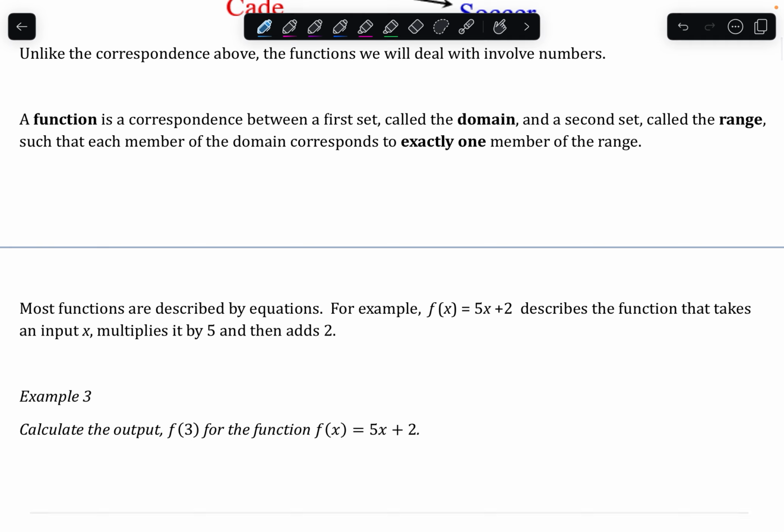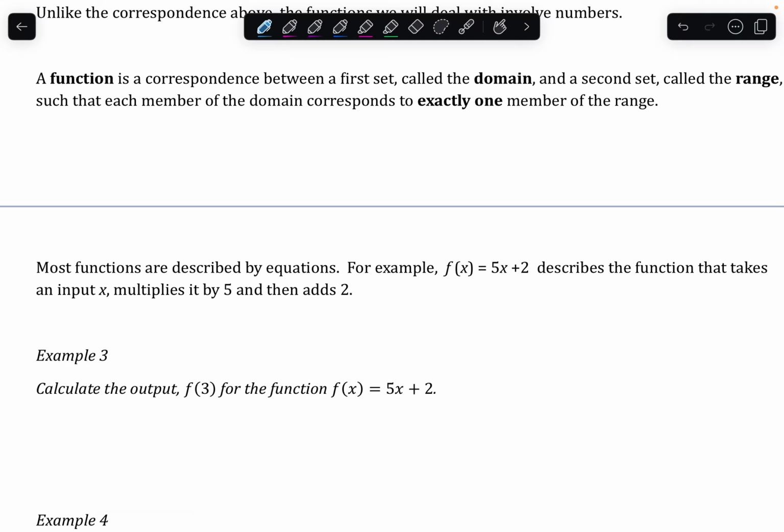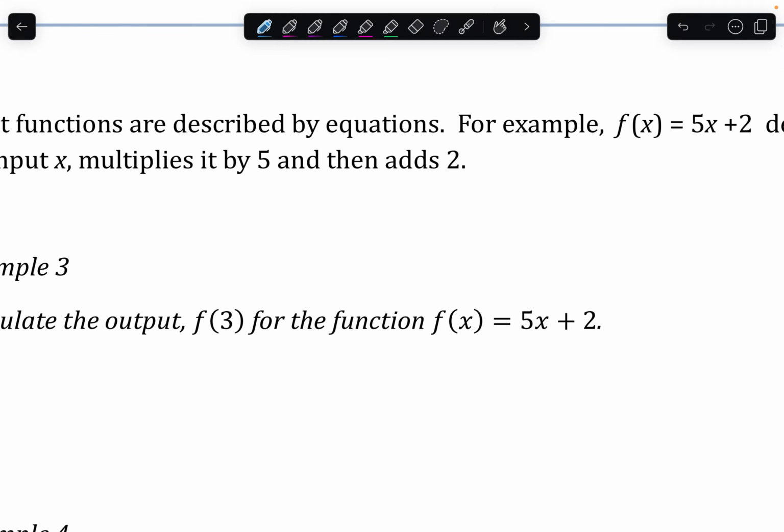All right, so when we know something is a function, we tend to use a special notation called function notation. If we look at example 3, calculate the output f of 3 for the function f of x equals 5x plus 2.